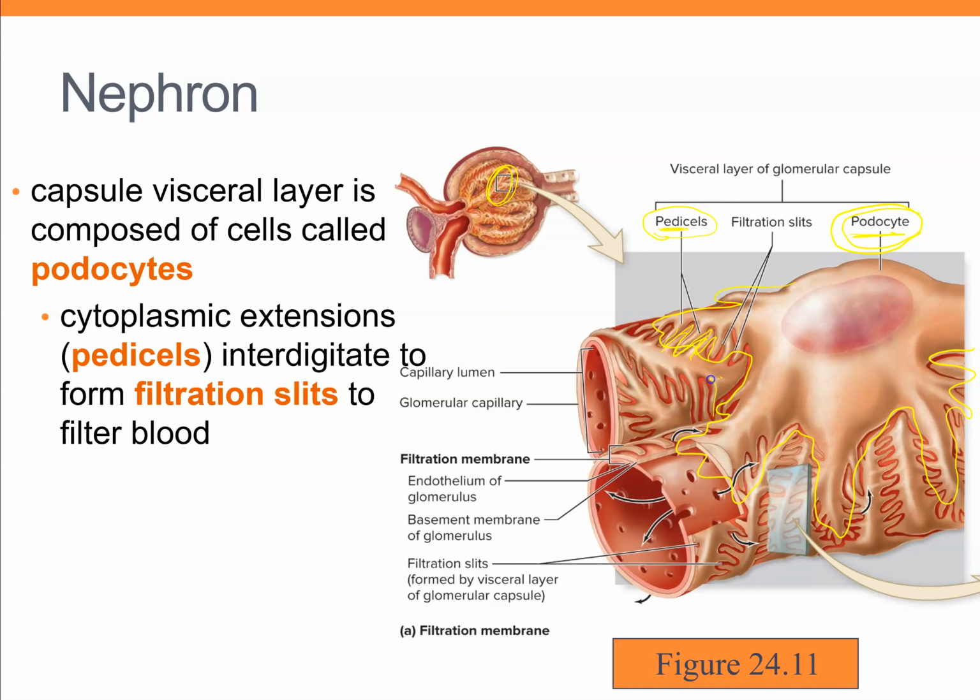So you're left with a little bit of space in between your puzzle pieces or your cells. Those are called filtration slits. And that's what's so important. You are able to filter the blood because you've got those little fenestrations in your capillaries.